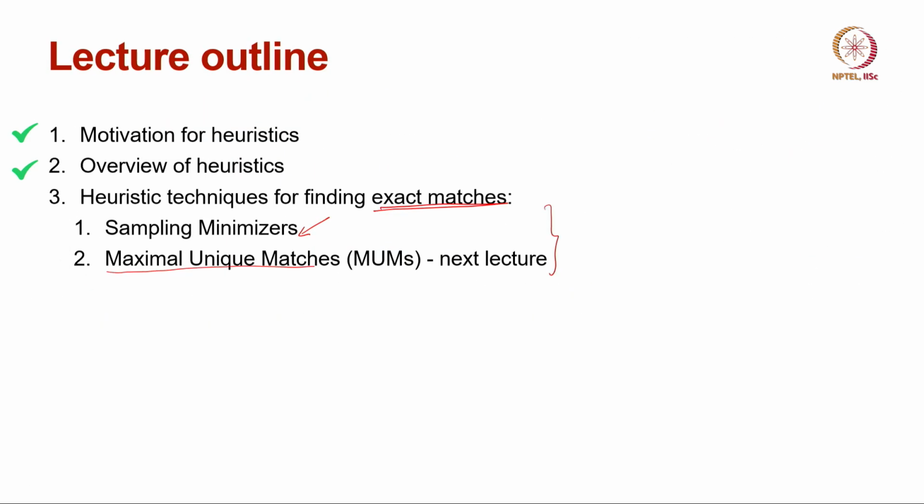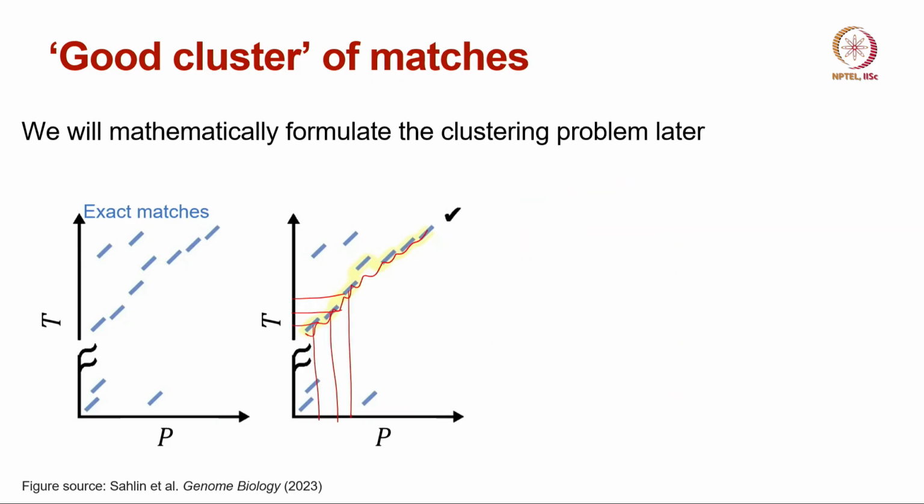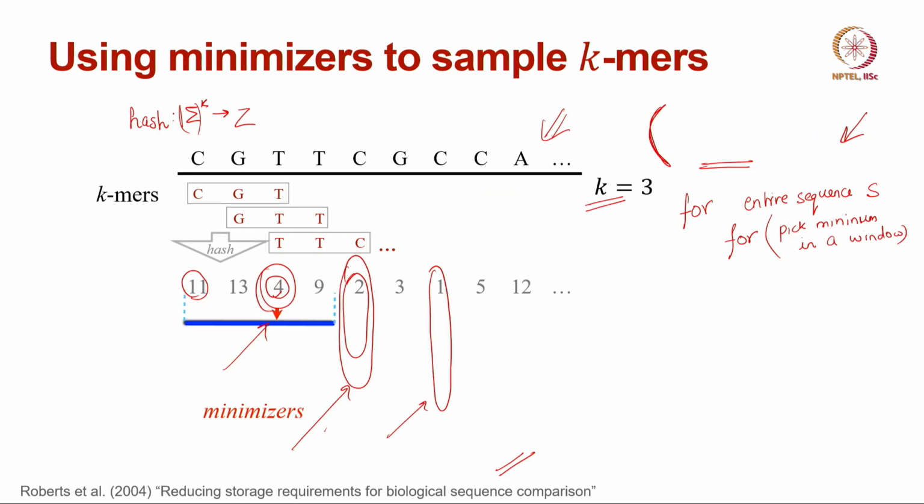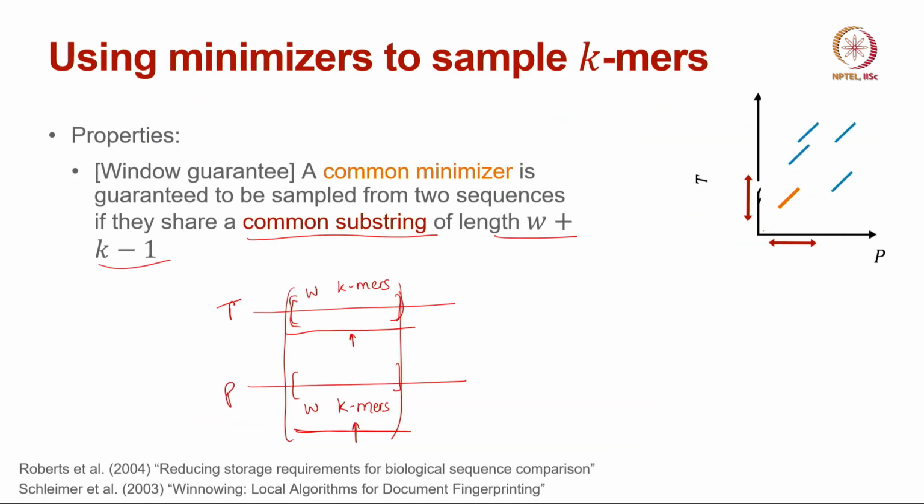Remember that these matches will be used to do the alignment as well. So, this window guarantee is useful to ensure that we have matches present in the common substrings of the two sequences. This property is easy and it is useful.